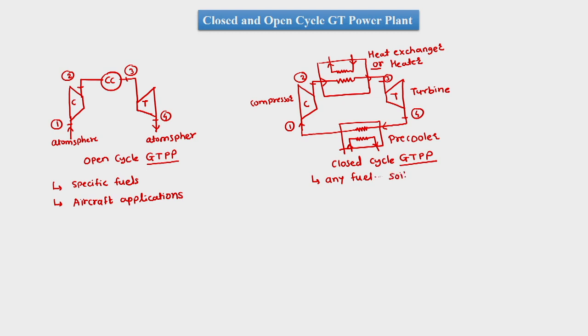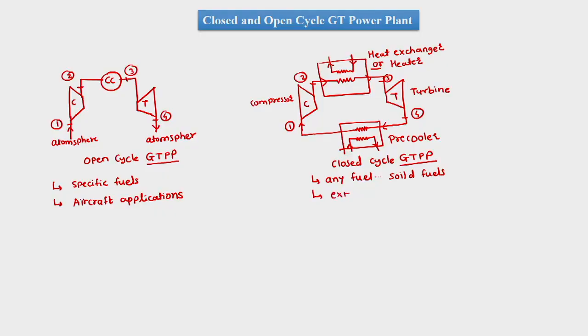Mainly it can accommodate solid fuels which are not generally used for the applications of gas turbine power plants. So here we can basically have external combustion, meaning the gases which are combusting would not pass over the turbine and are not directly involved in doing the network.